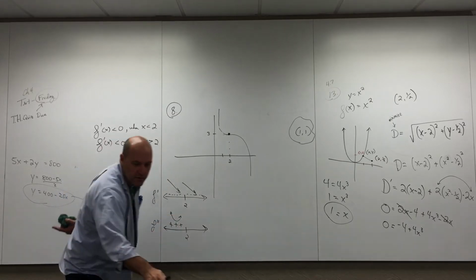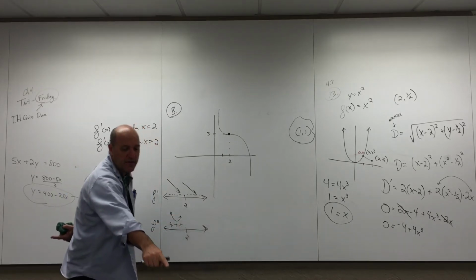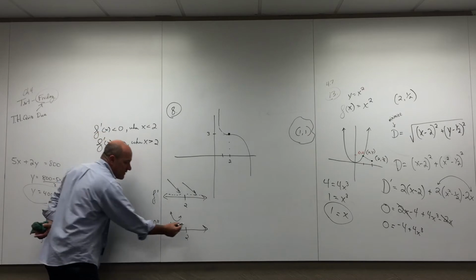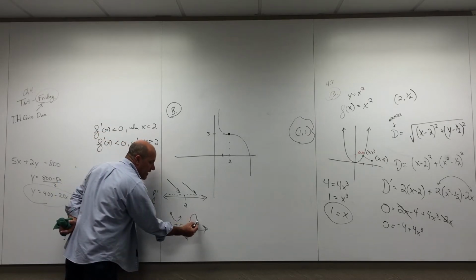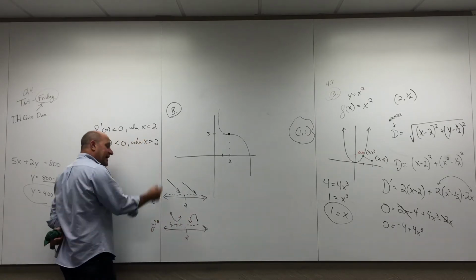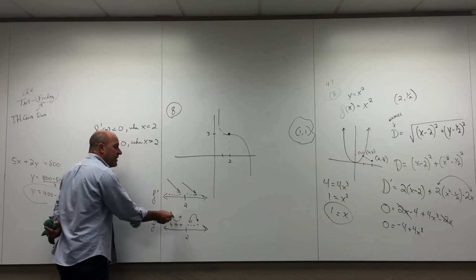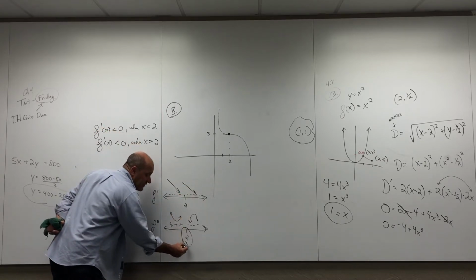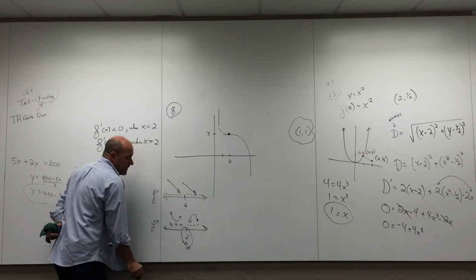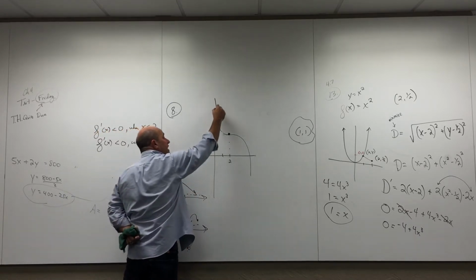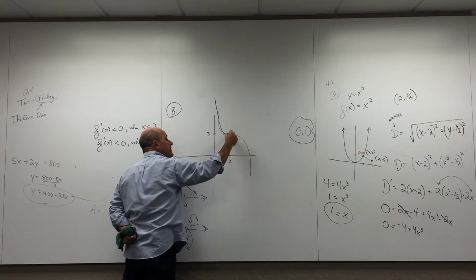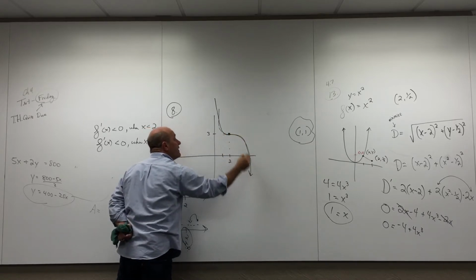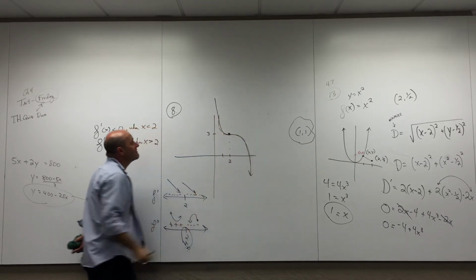When x is greater than 2, the very last line, the second derivative is negative, so that's concave down. So that's what I'd like to do. I'd like to decrease concave up and then continue to decrease concave down. And that really is an inflection point. Okay, decrease concave up and then continue to decrease concave down. Yeah, that's it. That's number 8.